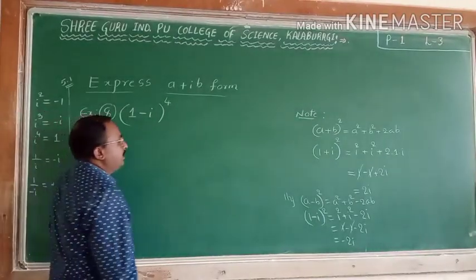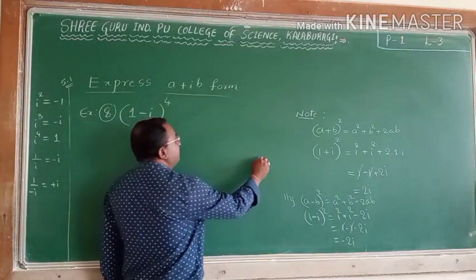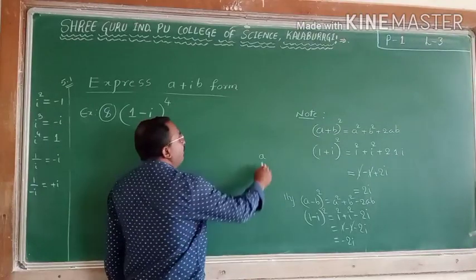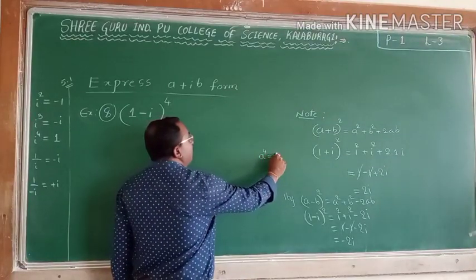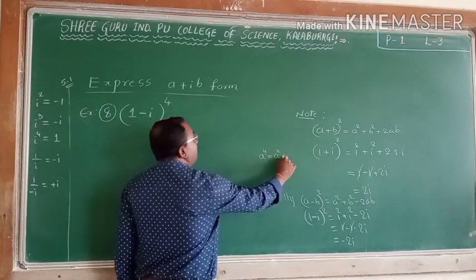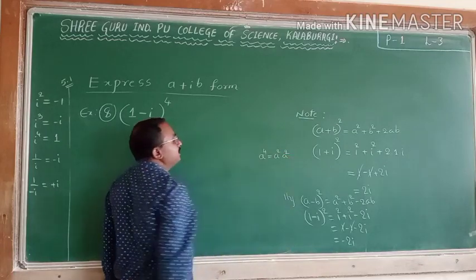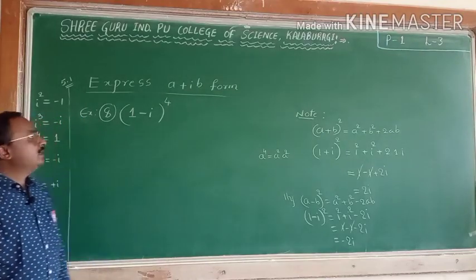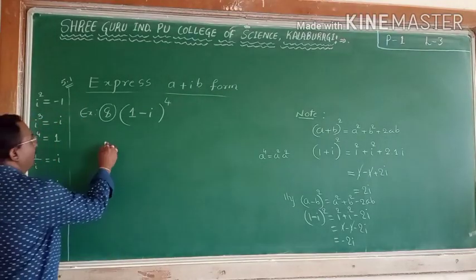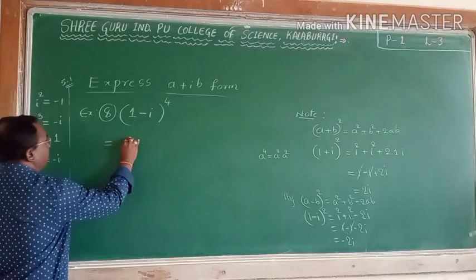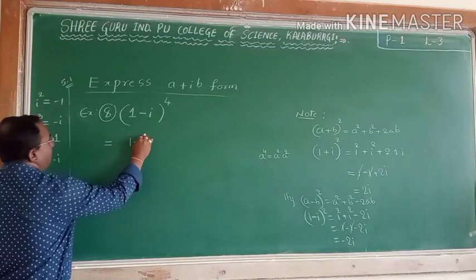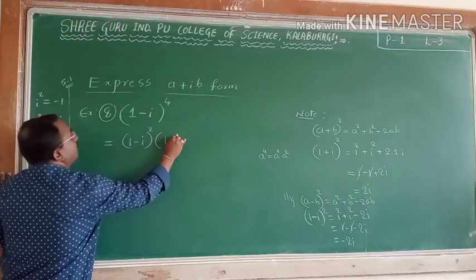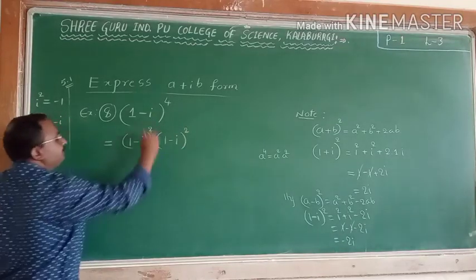This is the biggest form, convert to smaller. Do you know that by the law of indices, suppose a power 4 is there, it can be written as a square into a square, same base, powers should be added. Here 1 minus i whole to the power 4 can be written as 1 minus i whole square into 1 minus i whole square.